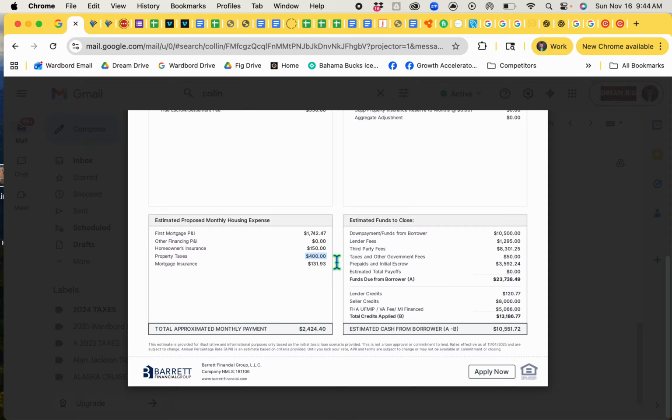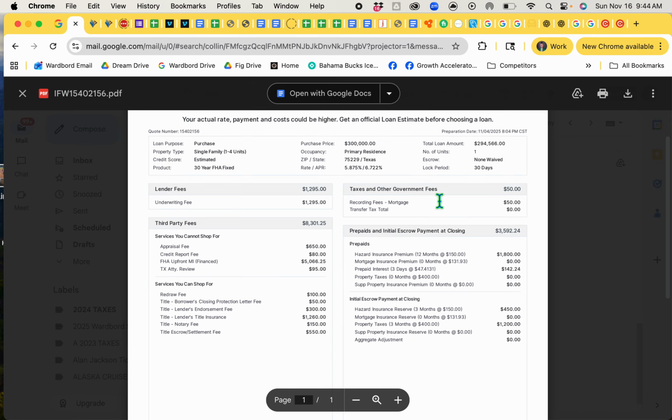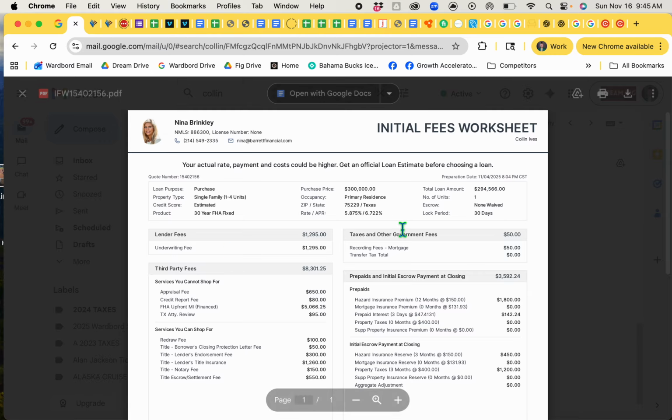I just drew a blank. 6,456 divided by 12, okay, it's 538. I'm sorry, 538. I'm doing the math right now. Plus 183 plus 538 equals 2,463. Plus that mortgage insurance, 131.93, equals 2,595. So $2,595, almost $2,600, is what this house would cost with this loan.